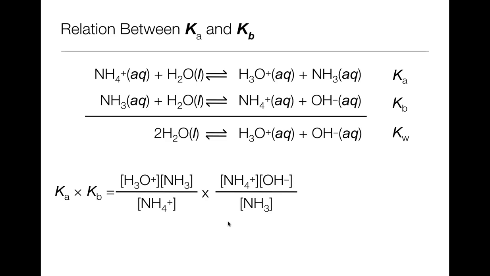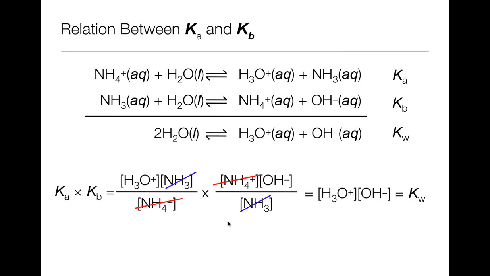Looking at the math, Ka times Kb: Ka is products over reactants, hydronium times ammonia over ammonium, multiplied by the Kb, which is ammonium times hydroxide over ammonia. Let's see what crosses out. My ammonia crossed out, and my ammonium crossed out.